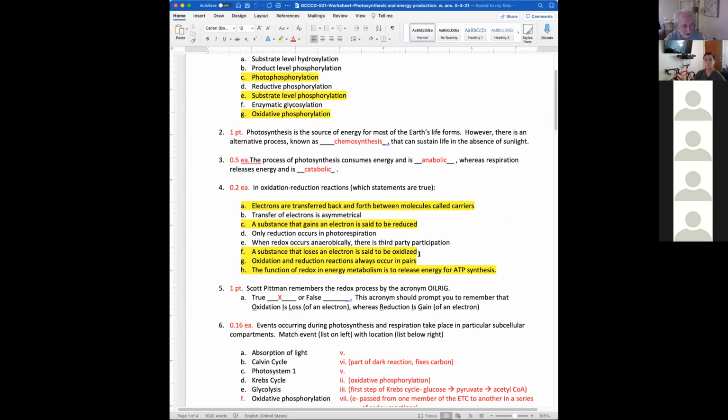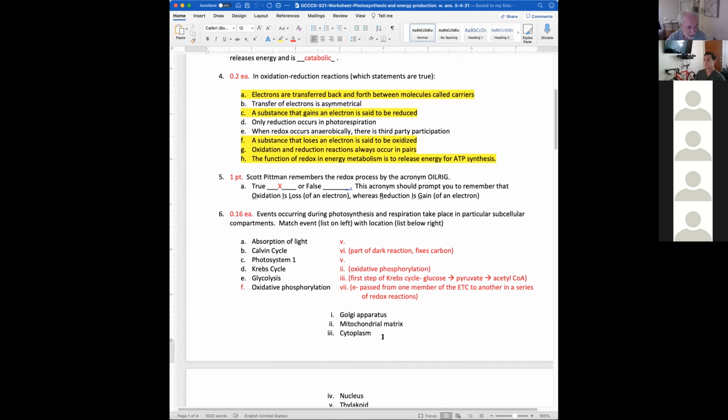Substance that loses an electron is oxidized. These things occur in pairs. And the whole point is to make ATP. Then number 5, Scott likes to point out that OIL RIG is a convenient mnemonic for oxidation and reduction. So I ask if that is true, and it is.